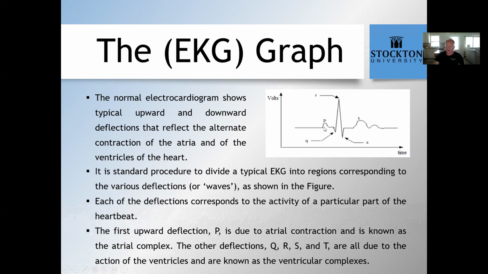So the first deflection, P, which is shown here, is due to the atrial contraction and is known as the atrial complex. The other deflections, Q, which is a negative deflection, R, which is another positive, S, which is negative, and T, are all due to the ventricle contractions and are known as ventricle complexes.